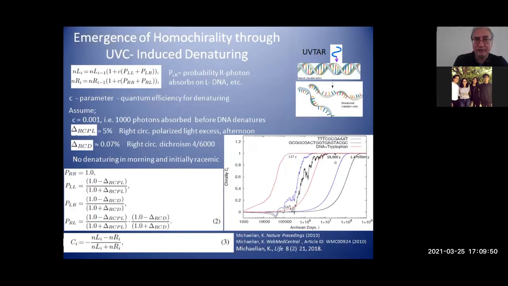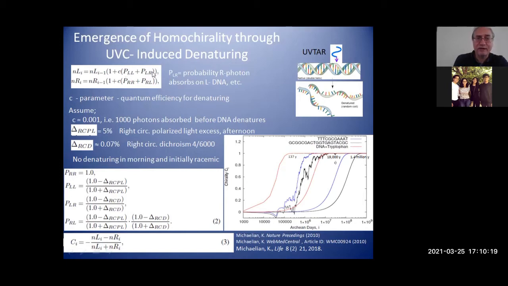And we can do that calculation just by assuming, for example, the number of left-handed DNA of a particular size. It doesn't matter for right now what size it is, but we do this recursion relation so that the number in a given generation is equal to the number in the previous generation times a factor, and this factor includes the amount of light-induced denaturing, which could be either from right-handed light or left-handed light.